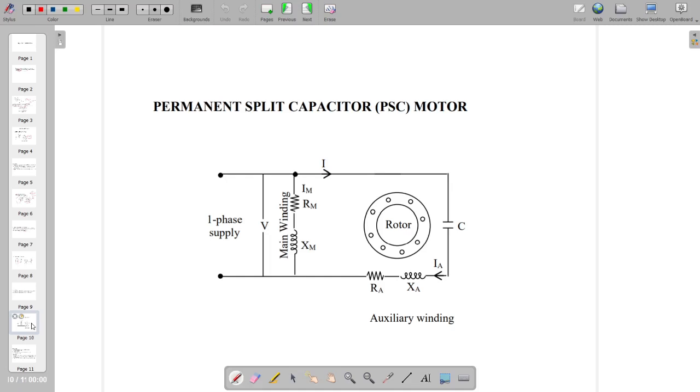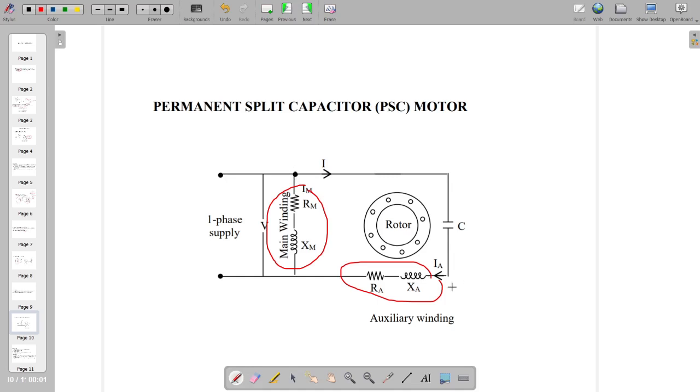Permanent split capacitor type motor. It has a cage rotor. It has two windings, named main winding and auxiliary winding. This single phase induction motor has only one capacitor, which is connected in series with the starting winding.